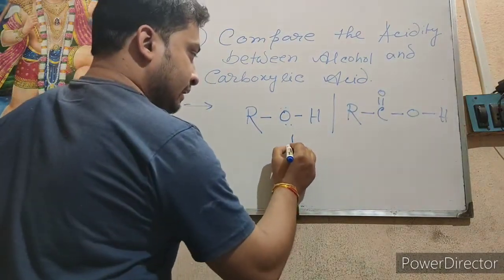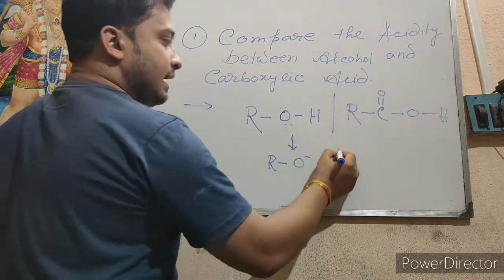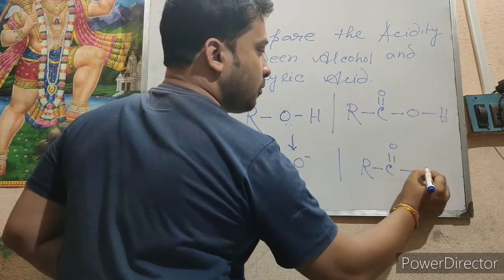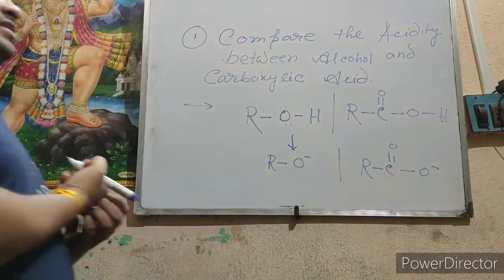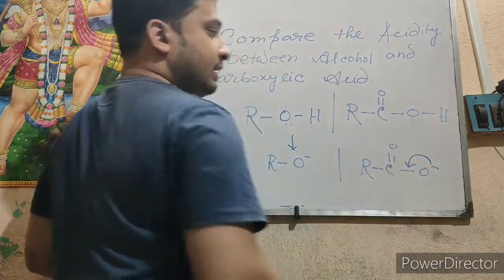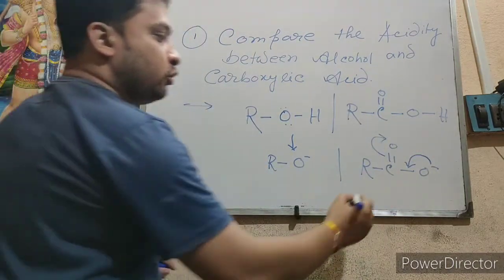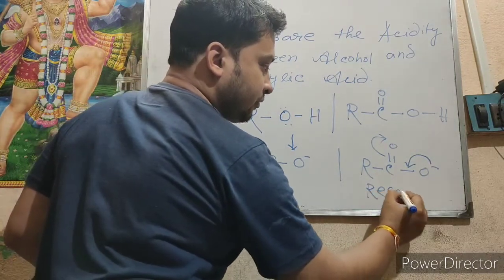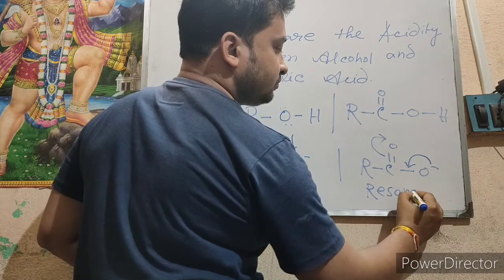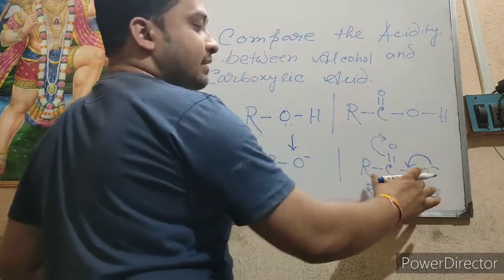When it releases H plus, it gives you RO minus and it gives you RC double bond O minus. Okay, this is the problem. So look, if it gives the minus here and the pi bond is broken, resonance is starting. You get resonating structures. Okay, resonance is going on.